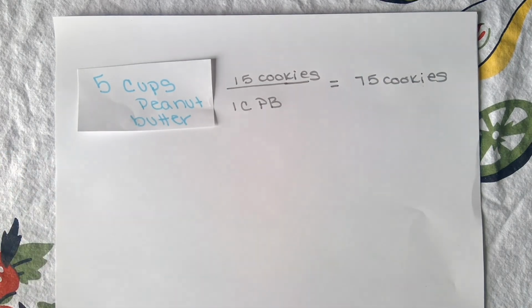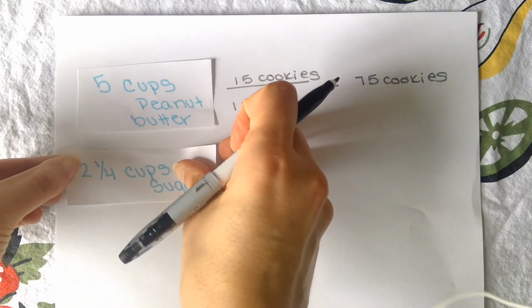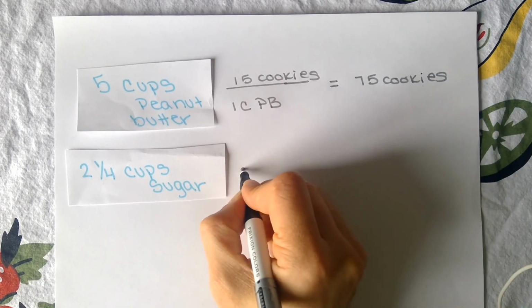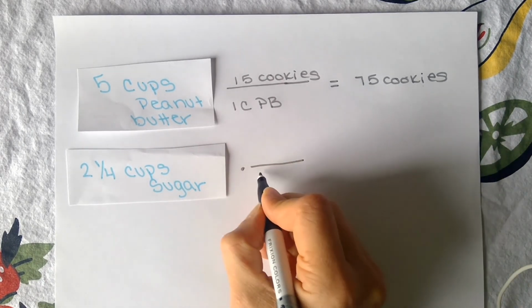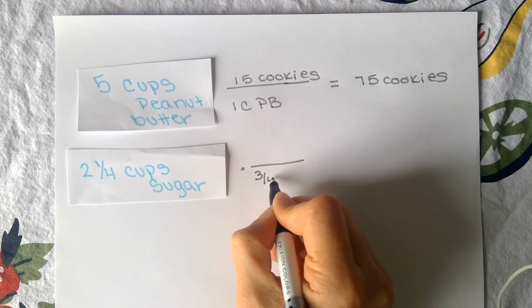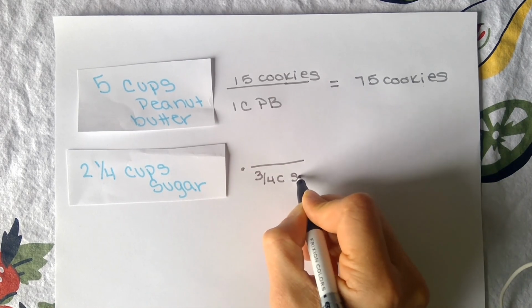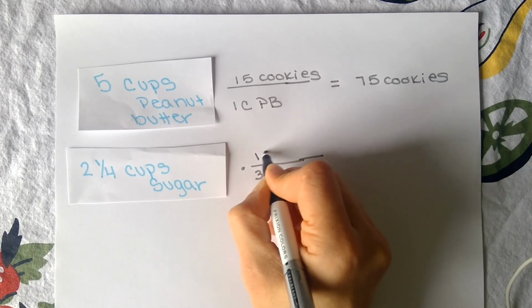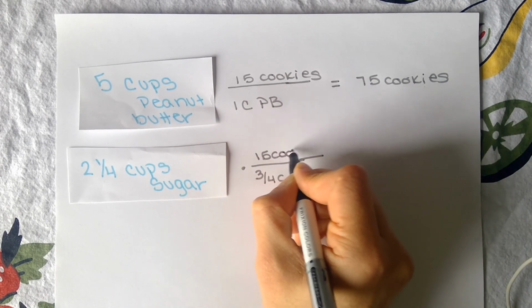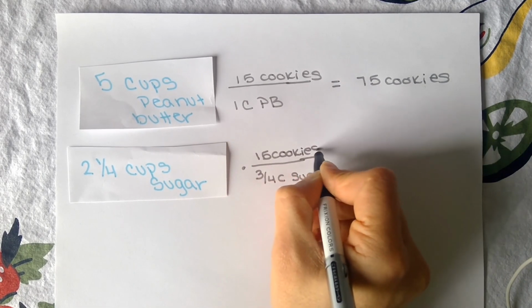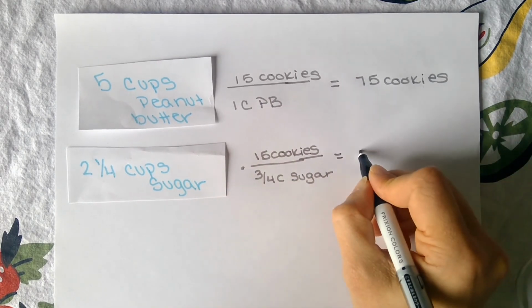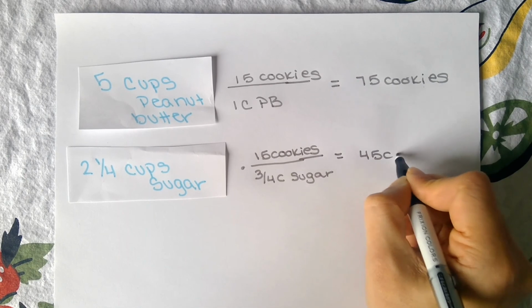Awesome. Let's go ahead and do the same thing with sugar. So if I have 2 1/4 cups of sugar, well, according to my recipe, I need 3/4 cup of sugar to make 15 cookies. And if I solve this one, what I see is that I will be able to make 45 cookies.